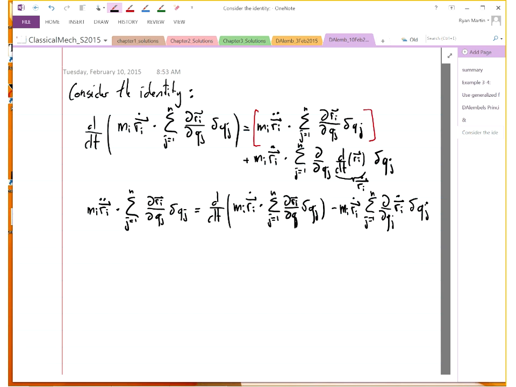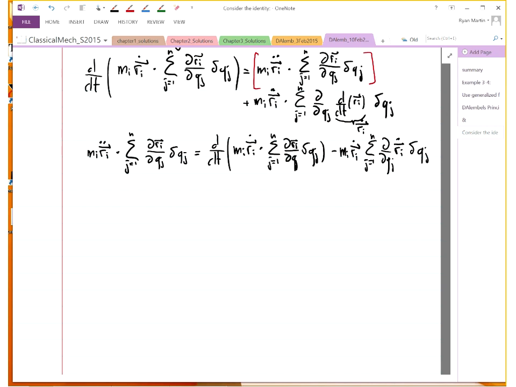Okay, now the sum over j equals 1 to n appears in all of the terms, so it can always be moved to the front of all of the terms, and the δq_j can be moved to the back of all of the terms. So I can write this out as an identity without the summation and the δq_j, and it's still true.